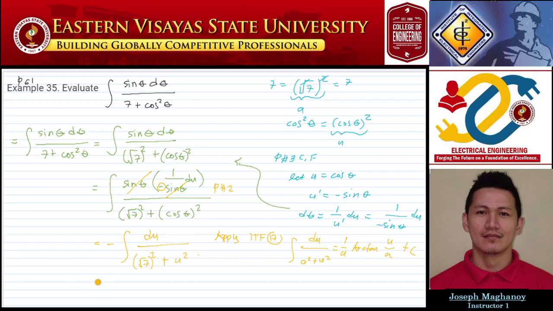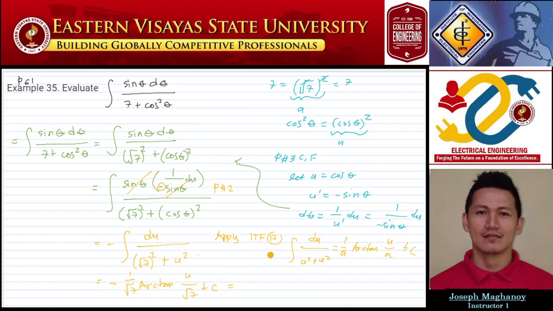Okay, apply. Negative 1 over a, that is our square root of 7, arc tan our u over square root of 7 plus c.